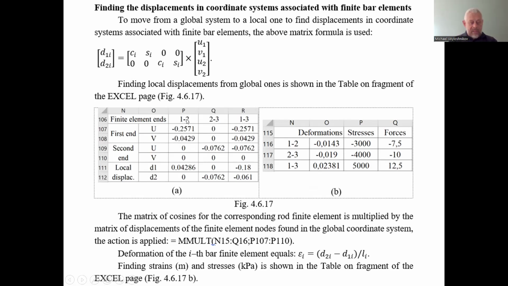For example, the second end of the first finite element is node 2.